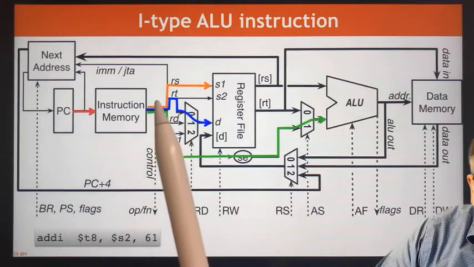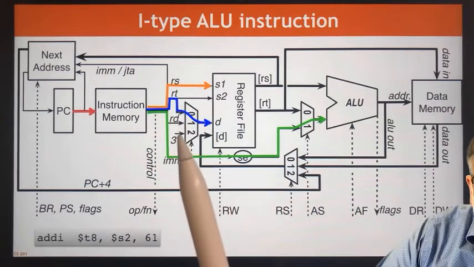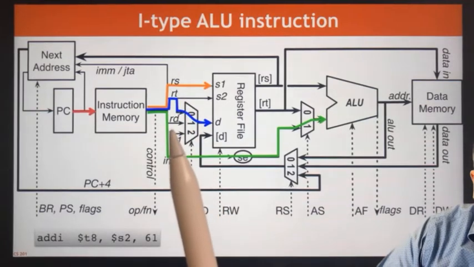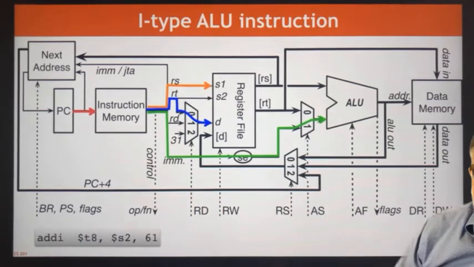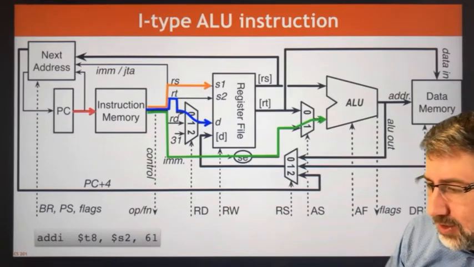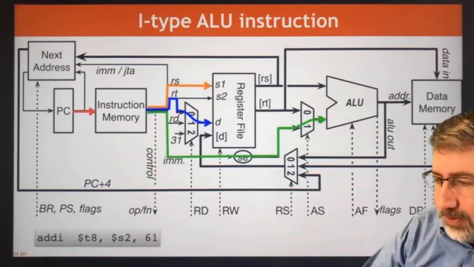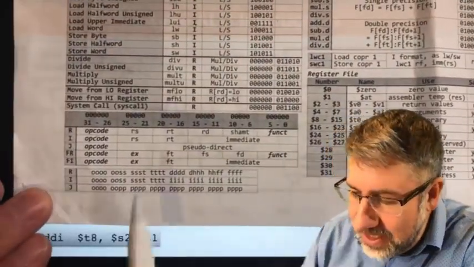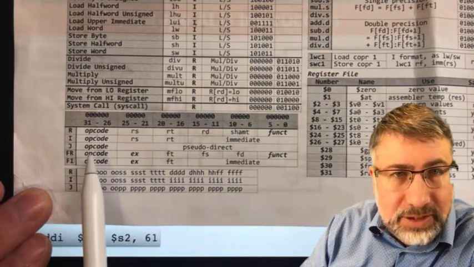And then here, we're going to choose with this multiplexer to treat RT as the address of the destination register rather than RD, because the space that was taken up by RD is now the immediate value. And we can see that in the format here. If you look at these 3 different formats, these 32 bits have to work always the same way.